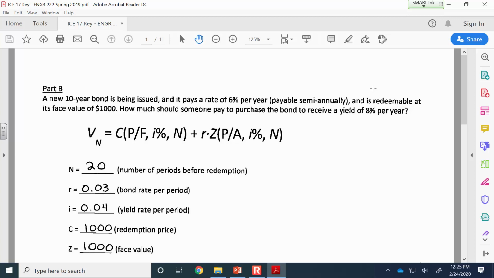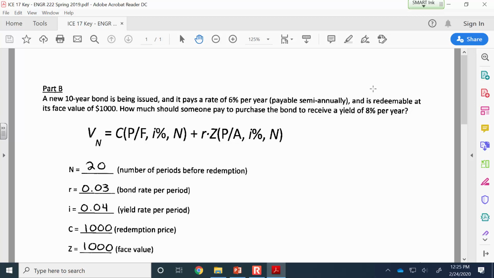Now I wrote a statement on the whiteboard here, and my statement that I wrote is the company pays 6% of $1,000 in interest each year. So that's $60 in interest they pay each year. That means it's $30 in each period.